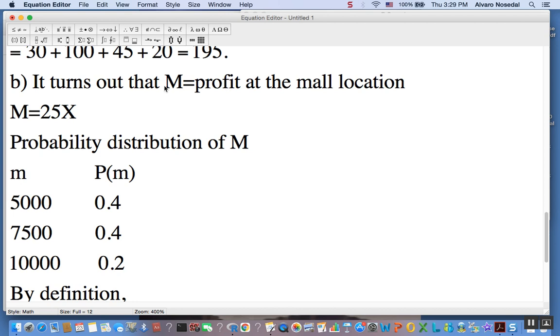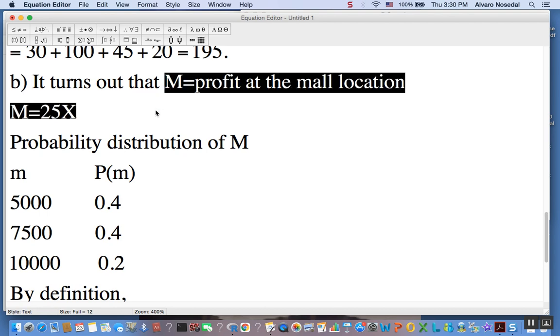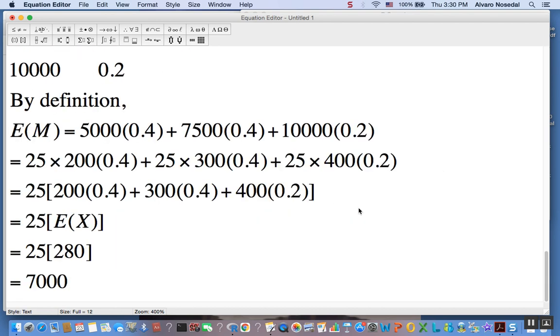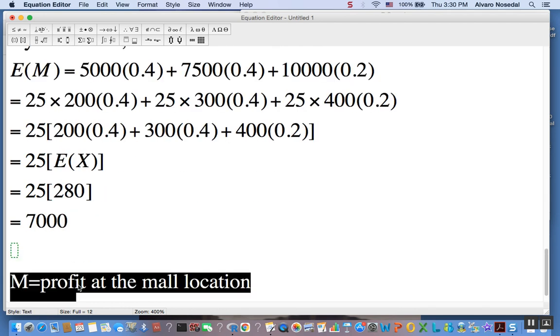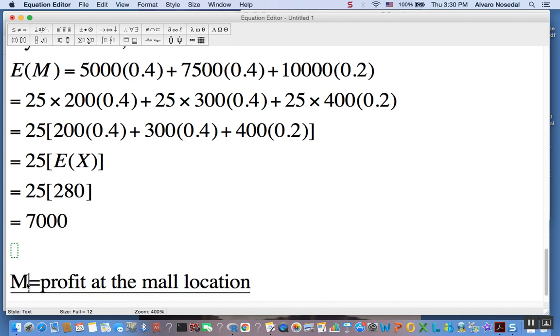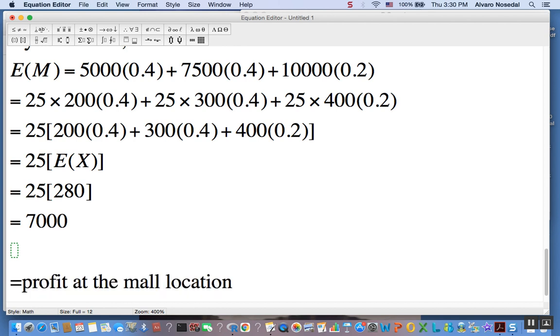I'm going to be calling it D. That is going to represent profit at the downtown location. Okay? Let me copy and paste this. Let D be profit at the downtown location.